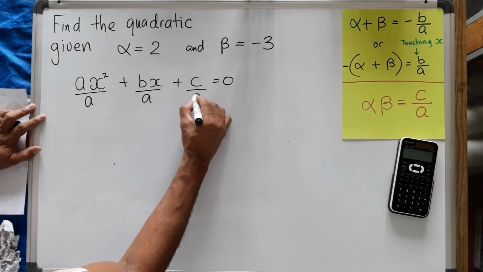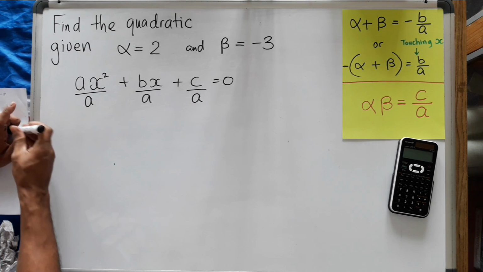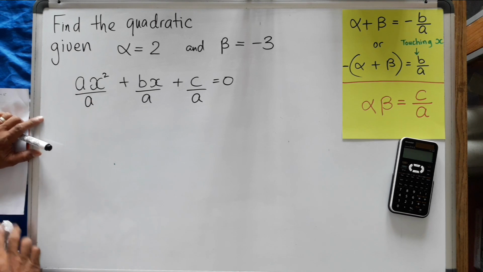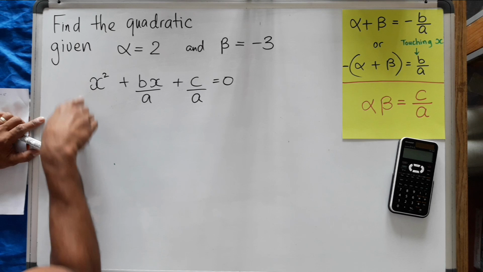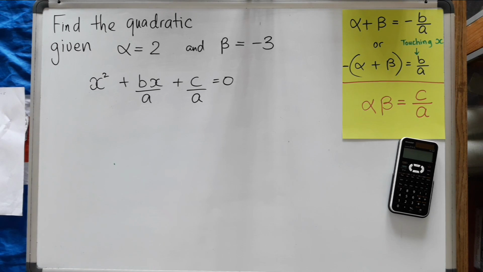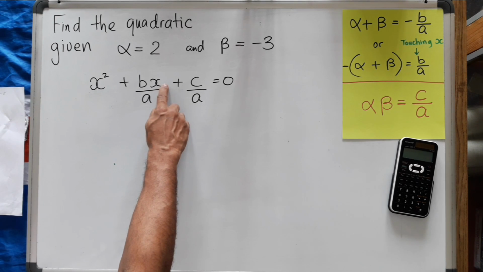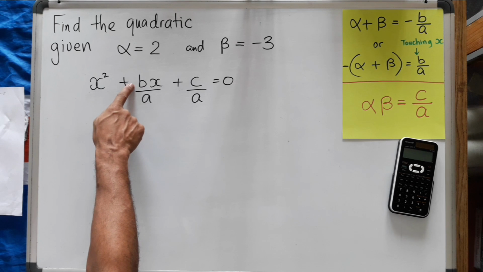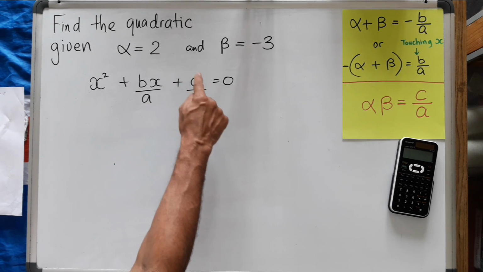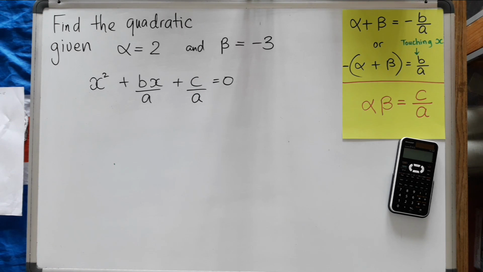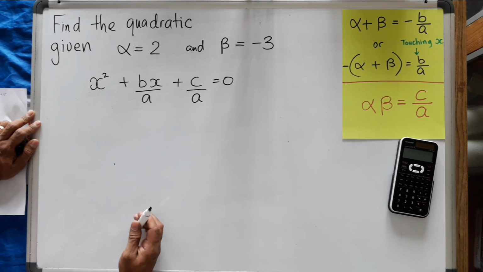I believe I showed this at the beginning of the video, but no harm doing it again. The a and the a will cancel out, giving you a 1 here. But I'm not going to write the 1. So to figure out what number is touching x, I just have to figure out the value of b divided by a. And to figure out what goes here, I just have to figure out how much is c divided by a, which is really easy.